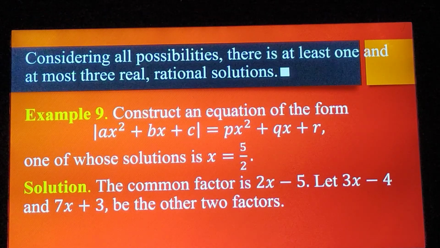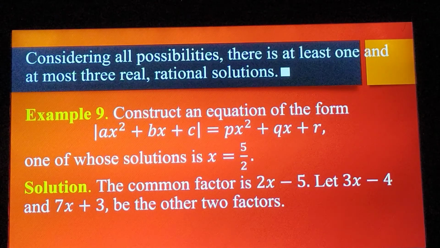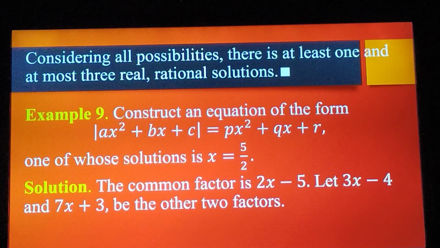Example number 9, construct an equation of the form absolute value of ax squared plus bx plus c equals px squared plus qx plus r, one of whose solutions is x equals 5 halves. Okay, since they have the common solution x equals 5 halves, then the common factor is 2x minus 5. Let 3x minus 4 and 7x plus 3 be the other two factors.